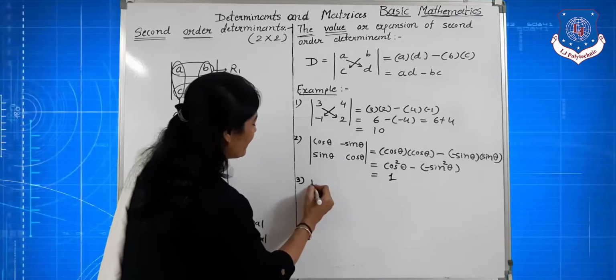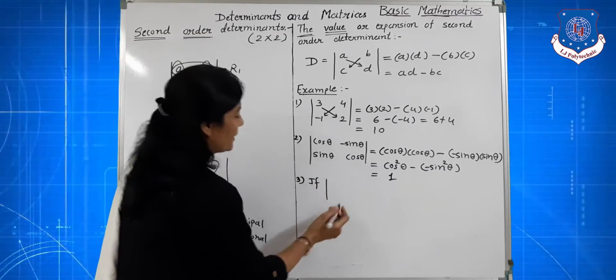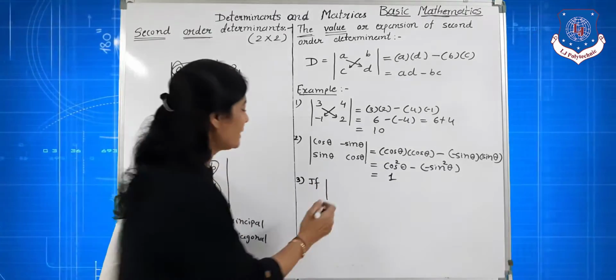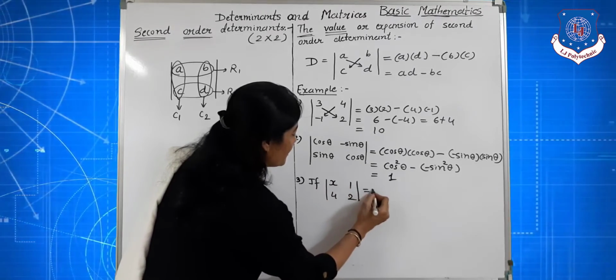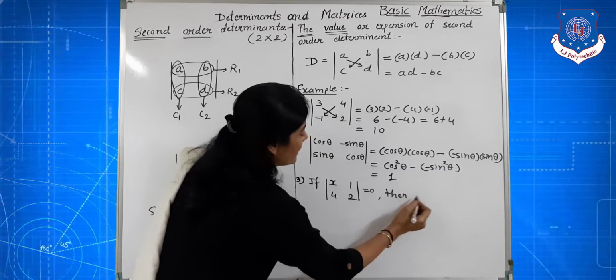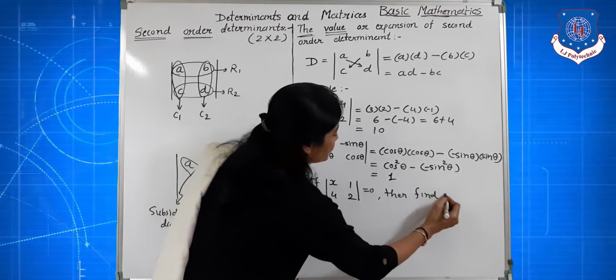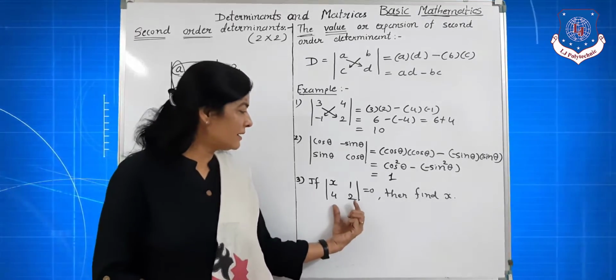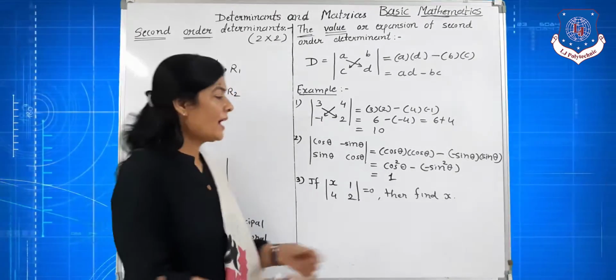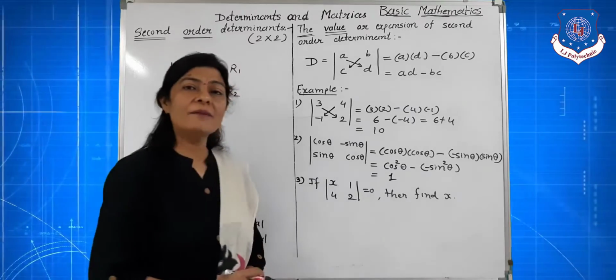Third example, if value of determinant x, 1, 4, 2 equal to 0, then find x. Here the value of second order determinant is given and we have to find the value of x.